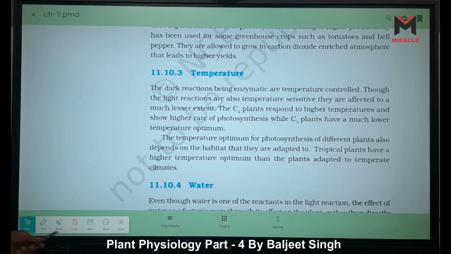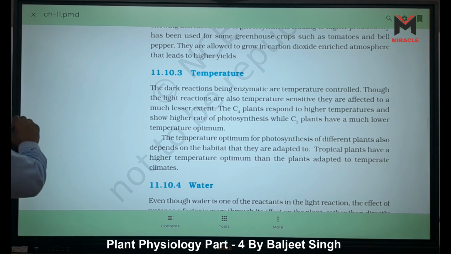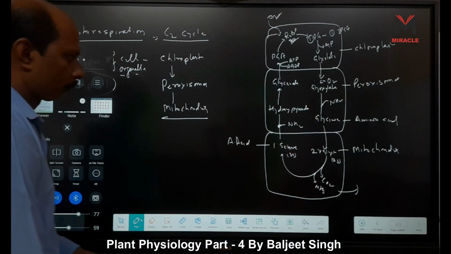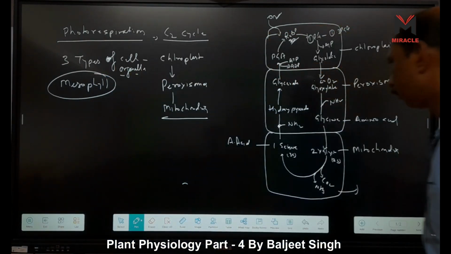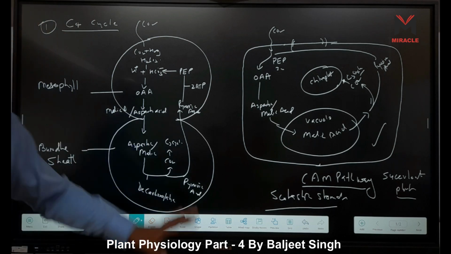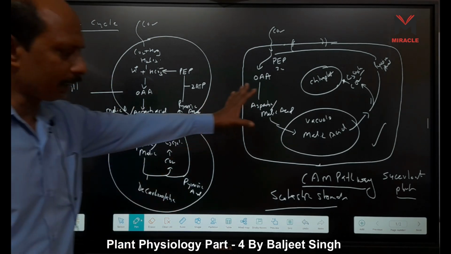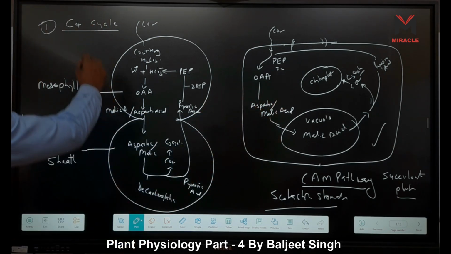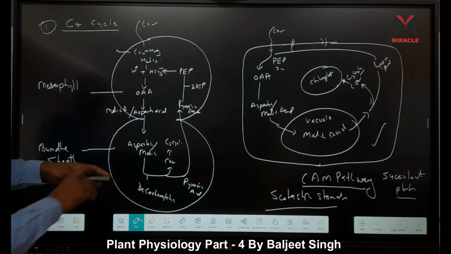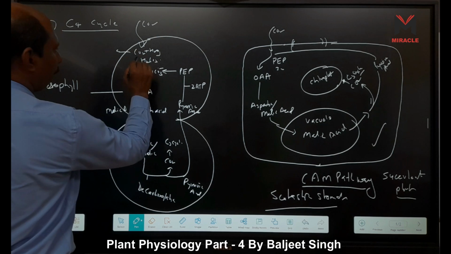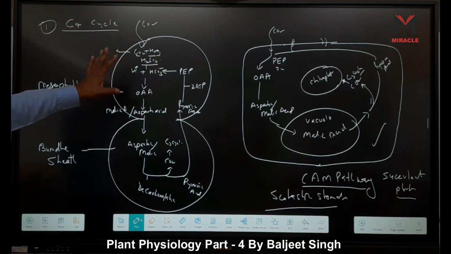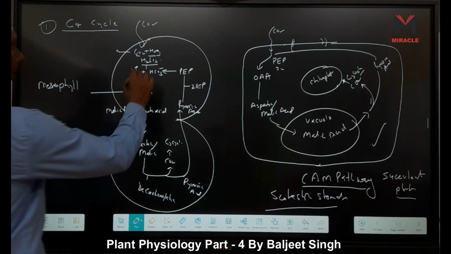Now this chapter is completed, but there is something I want to tell you right before closing this one. Look here, this is our C4 cycle and this side is the CAM part. In the C4 cycle, I already told you, because we have less time, CO2 comes from our atmosphere and binds with H2O, forming H2CO3, carbonic acid.